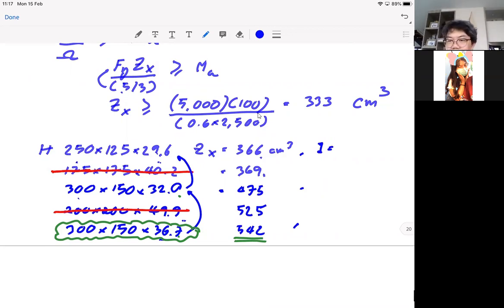You should stop considering yourself a student and consider yourself a young engineer, an apprentice. All right, the moment of inertia of this section is 4,050 cm⁴. This one has 6,320.